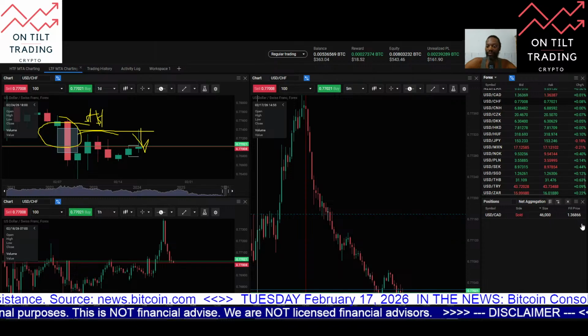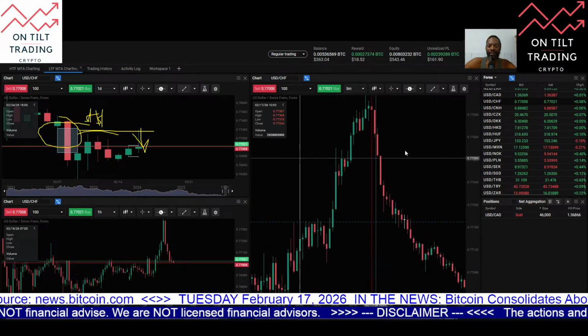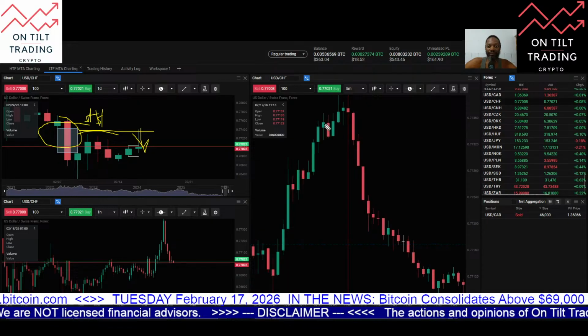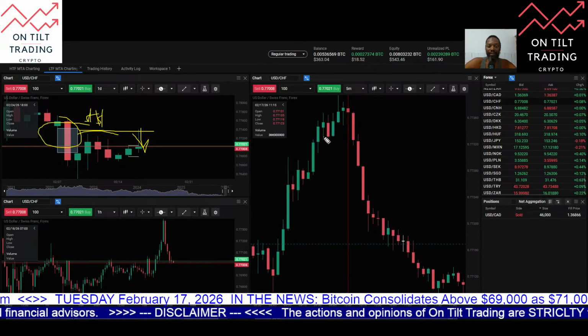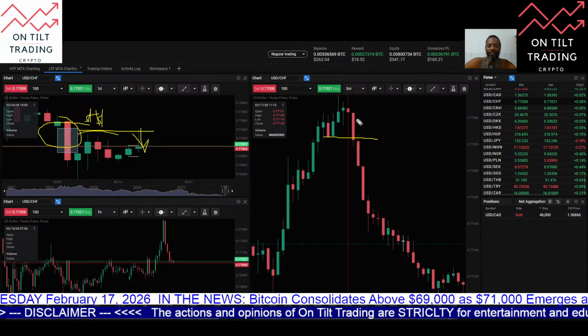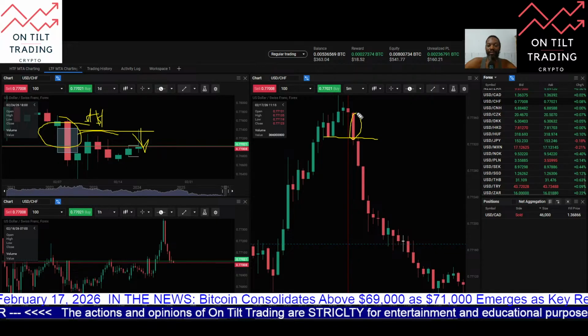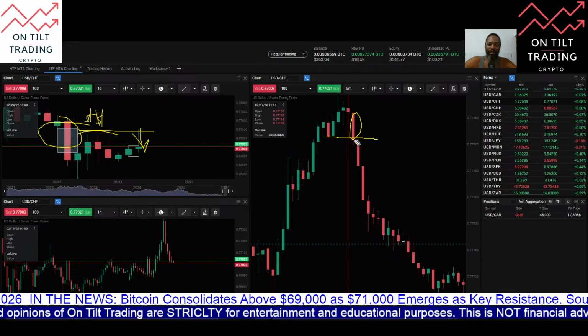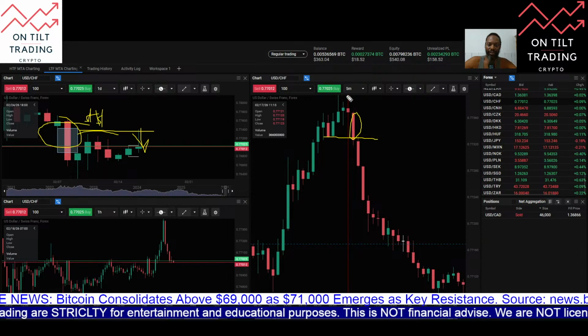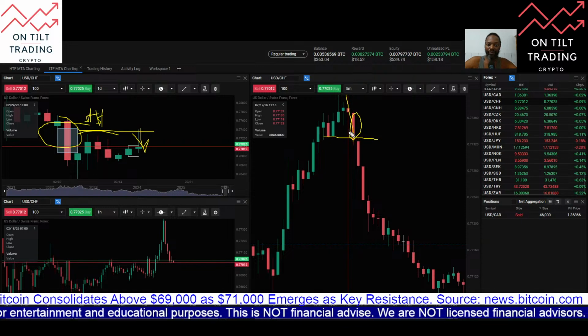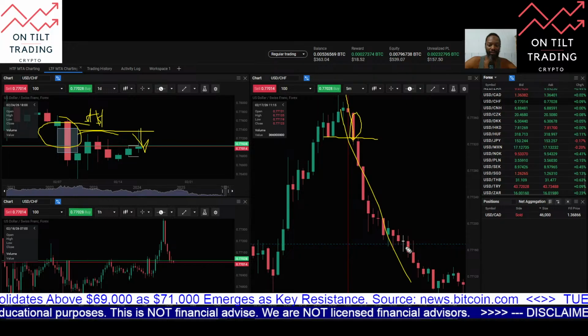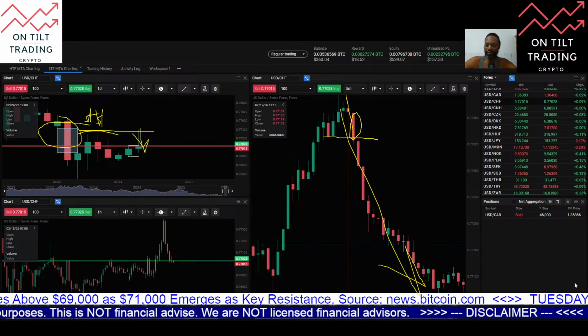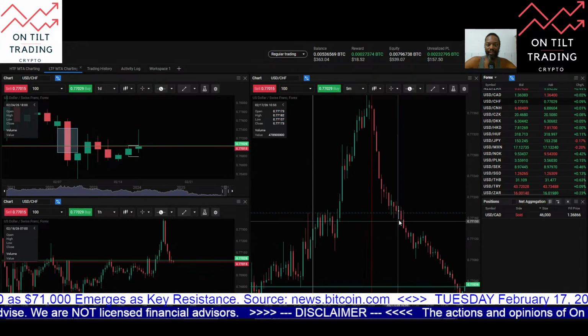This entry here on the 5-minute was just outside of my time zone here, so this is within the algorithm macro, but I was trying to use a set cutoff time, so I didn't take this position. But you can see this position delivers very firmly here to the sell side.